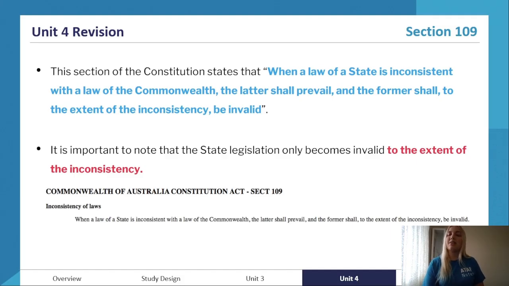So a very key thing, and if it's missing from your definition and explanation, to the extent of the inconsistency, if you're missing that, you will not get full marks. That's very important. It's not the whole law that's going to disappear, only the parts of the state law that clash with the Commonwealth law.